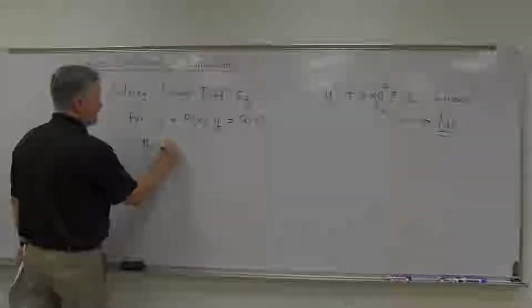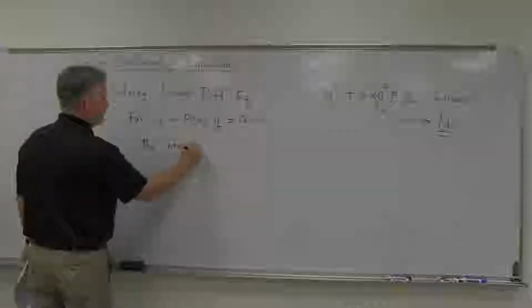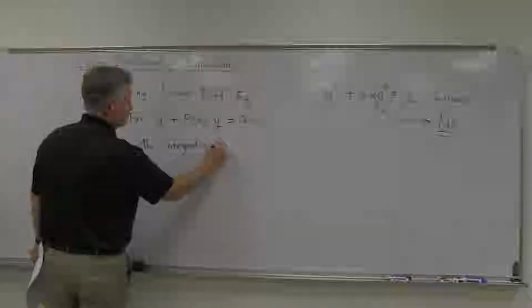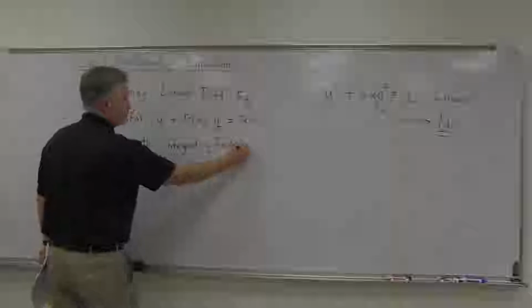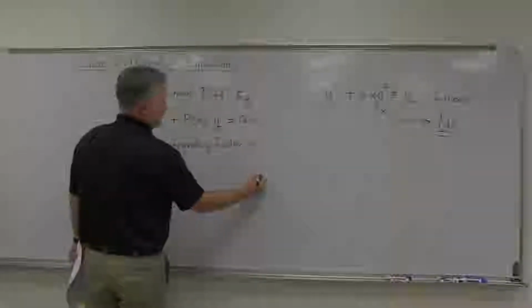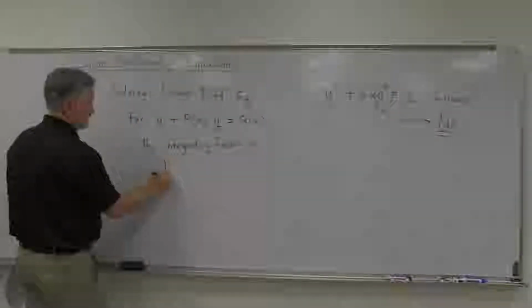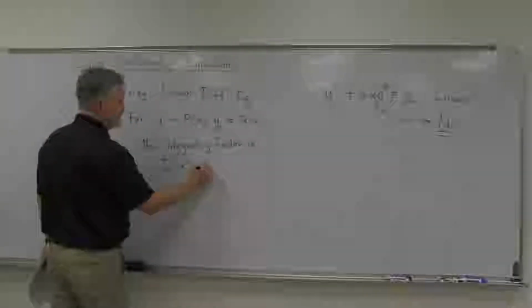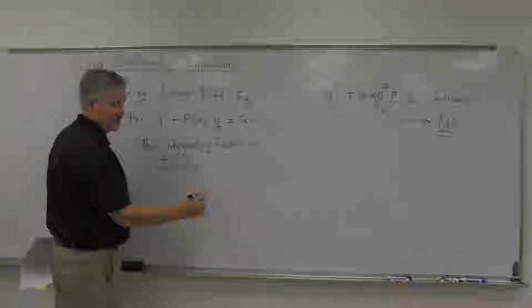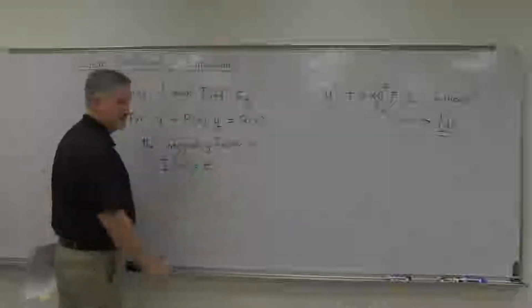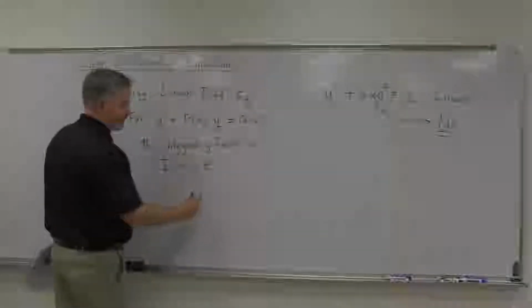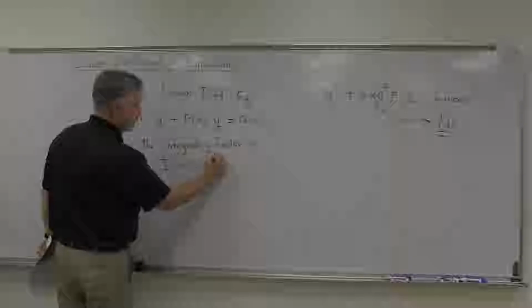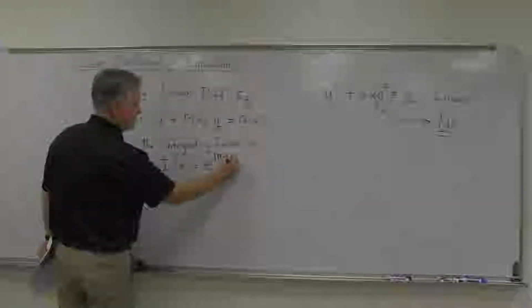Here's the integrating factor, I of x. I of x equals, it's kind of a strange looking deal. It's e raised to a power, and the power is going to be the integral of p of x dx.